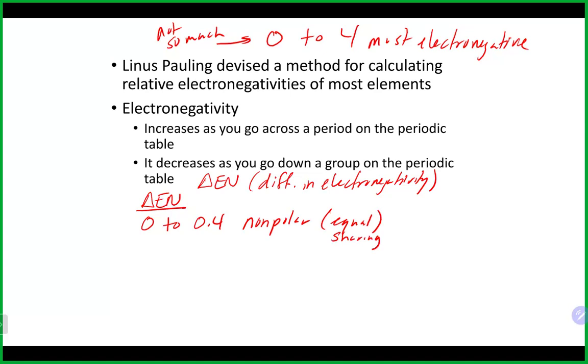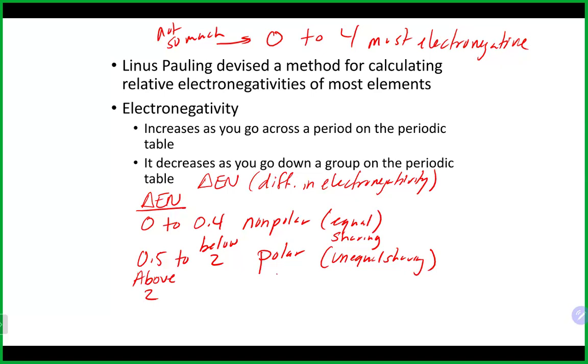If you're above 0.4, which technically would be like 0.5, to below 2, that is considered a polar covalent bond, which is unequal sharing of electrons. And typically, if you get a difference above 2, you're going to get pretty much no sharing. You're going to get an ionic bond in that case.